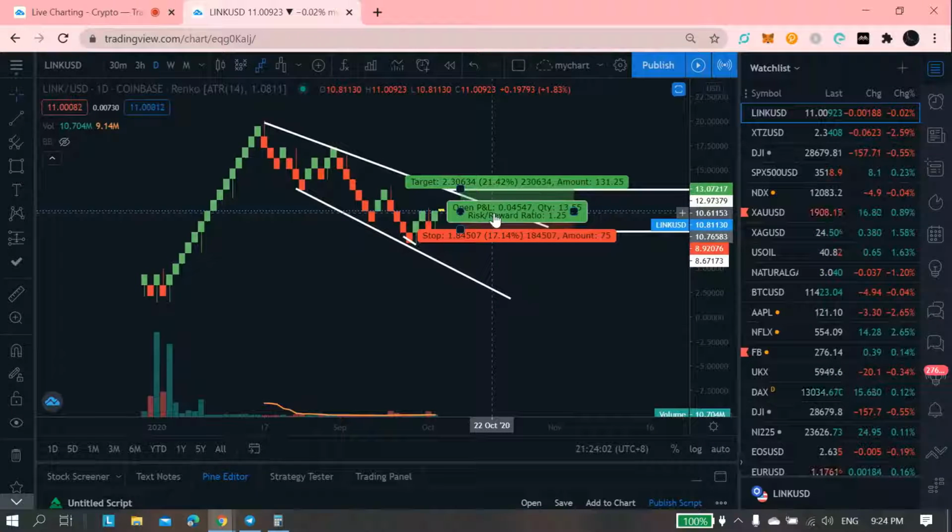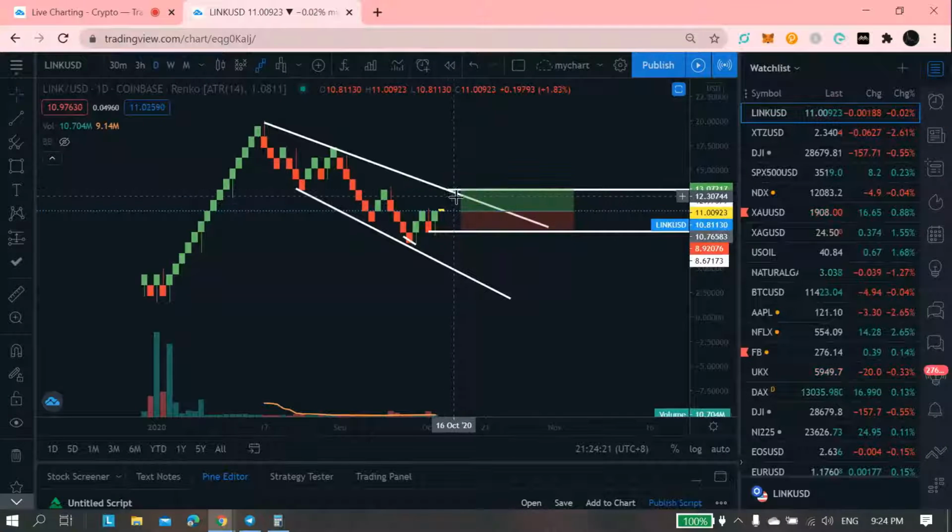For me, this is no longer attractive. But if you think it could still give you a profitable return, then it's for you to decide. For now, in my own trading strategy, I'll just wait for it to retest this resistance area.